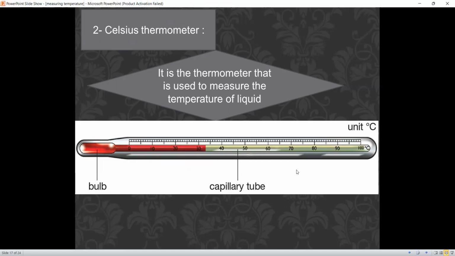Constriction prevents mercury from returning back quickly. Here there is no constriction because we record the temperature perpendicular from the same level of the reading, so there is no need for a constriction in this type of thermometer.